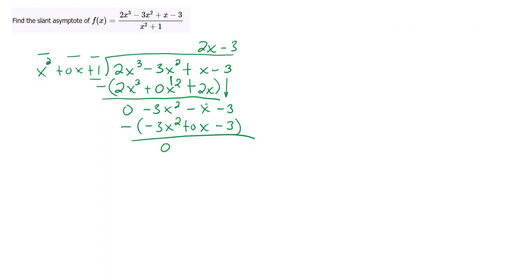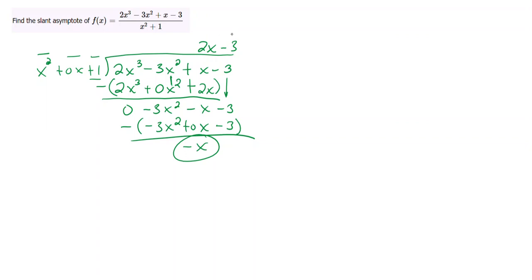Now, on here, we've got negative x minus 0, so this is still negative x. And then the last part, we have negative 3 minus negative 3, so like negative 3 plus 3, which is 0. So I don't really need those zeros. So in the end, we have a remainder of negative x. All right, so our slant asymptote isn't the remainder, though.